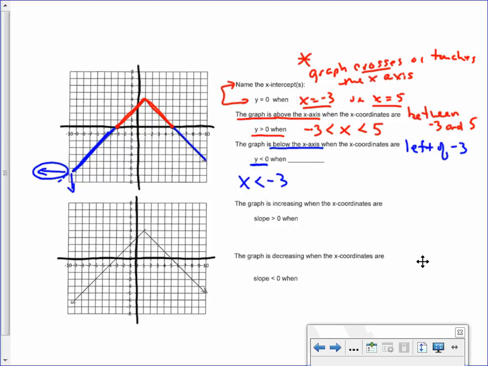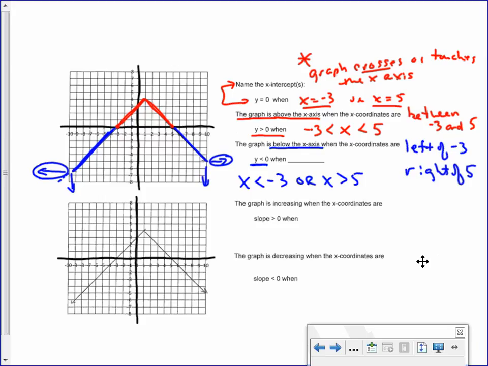I can't quite fit it on that little line right there, so let's do it below it. And then I'm going to look over here to the other side. It is also heading downhill, but it is heading to the right. So the second half of the answer is right of 5. And the word or in between those two statements, x is greater than 5. So we have two different answers.